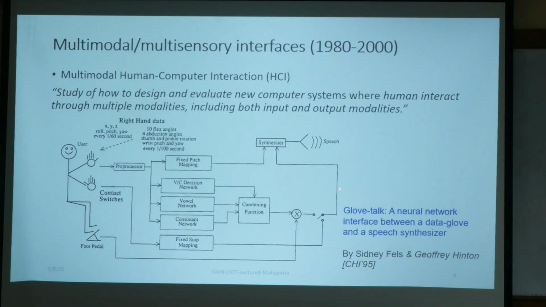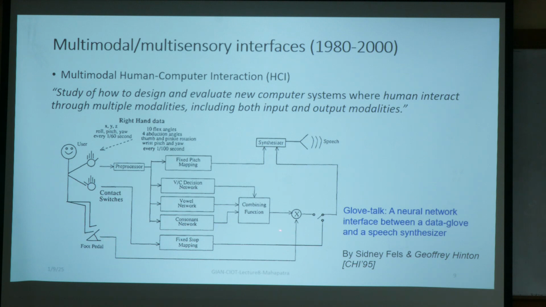At the same time, it can switch between these two ends, and here you can get multiple mediums, multiple sensing activities, such as a vowel network, consonant network, and your decision network. Everything combined can go here, or a contact switch can be available for fixed mapping. That also is possible, and you can modulate that using a pedal control over there.